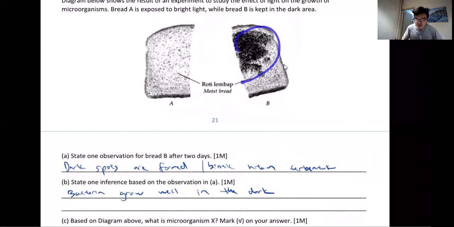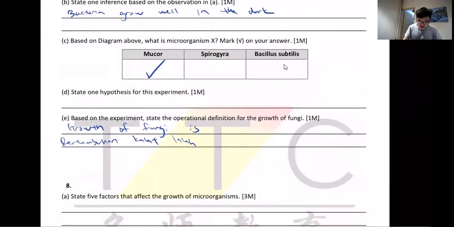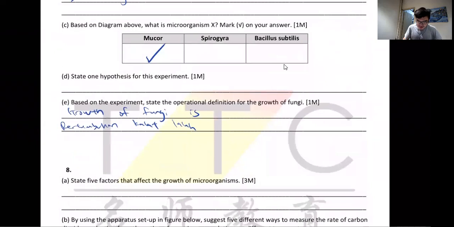So the dark spot tells you about the fungi growth. You write this based on what you see. Growth of fungi is the area of dark spots on bread.